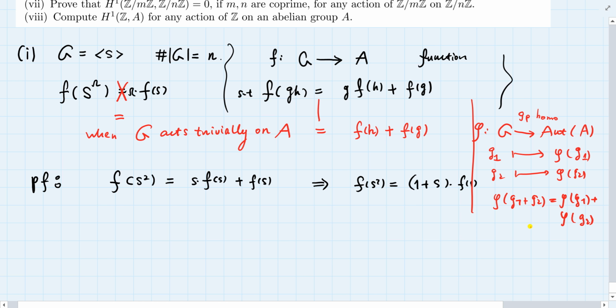Okay, what does this tell us? This tells us that when we write (1 plus S) dot F, what we mean is actually phi(1 plus S) evaluated on the element of A. It equals phi(1) plus phi(S). So this condition, that this is a group homomorphism, tells us that, okay, that's why we write like this.